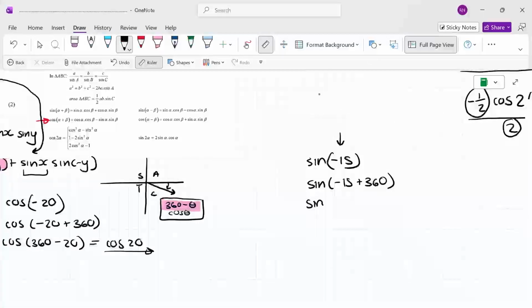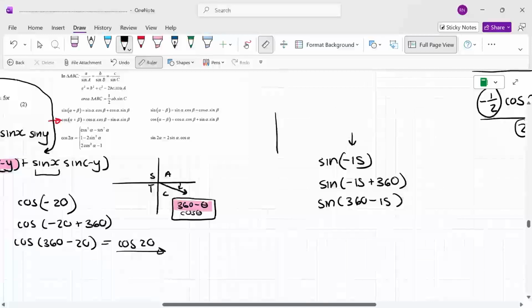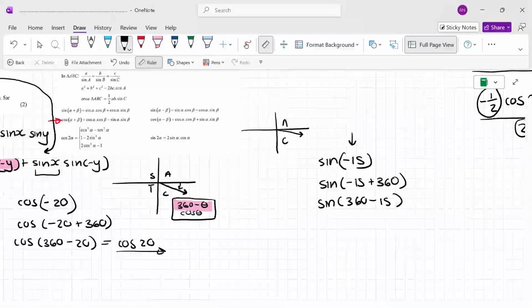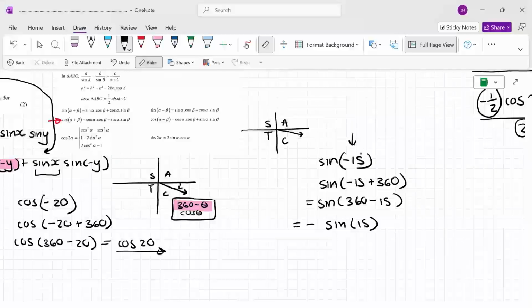So I'd have to say sine of 360 minus 15, right? And this quadrant, 360 minus something, is here, but sine is not positive in that quadrant. So it's going to have to be negative sine of that angle. It's negative sine of 15, right, when I use reduction.